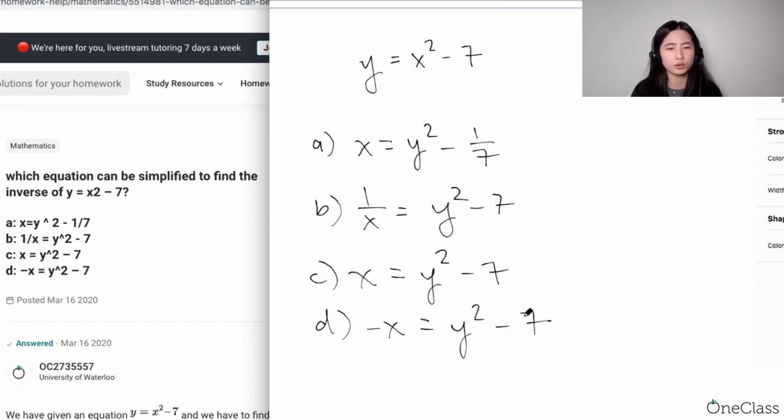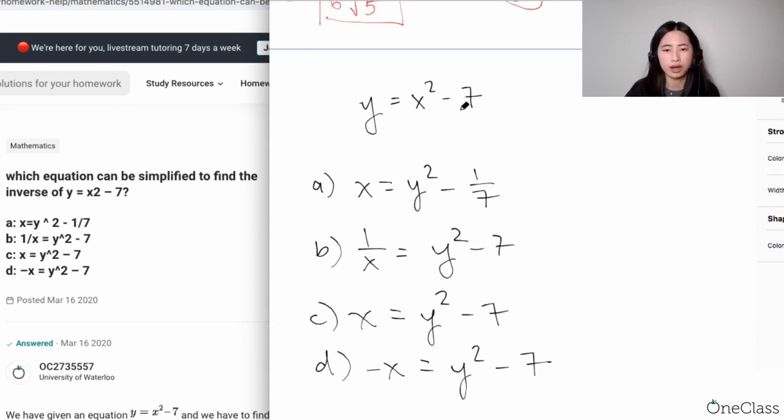Okay, so the whole point of this question is not to find the inverse exactly, but to rearrange your equation so that it matches one of these options. So it's sort of looking for the step to get to the inverse. First of all, how do we find the inverse of a function? If you have y is equal to x squared minus 7, all you have to do is flip x and y.